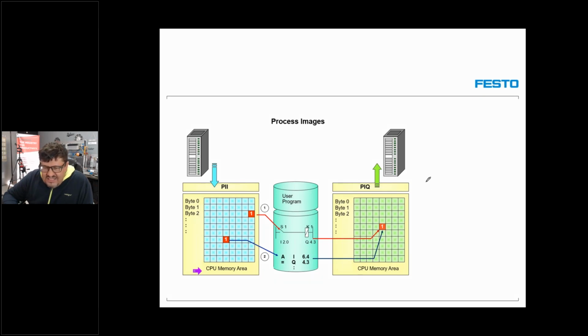This side is my LSB, and this side is my MSB. The least significant bit is right here, and the most significant bit within a byte is right there. I will go into more detail, but this is basically the principle of how a PLC works.